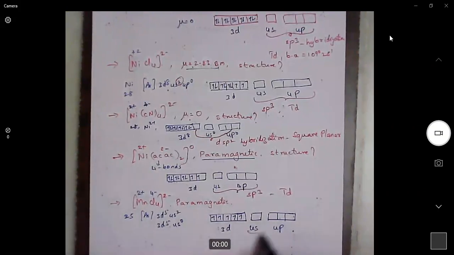Then it will undergo sp3 hybridization, which gives tetrahedral geometry. Because this has single electrons, it is paramagnetic in nature. And there are 5 single electrons, so its magnetic moment will be 5.92 Bohr magnetons.